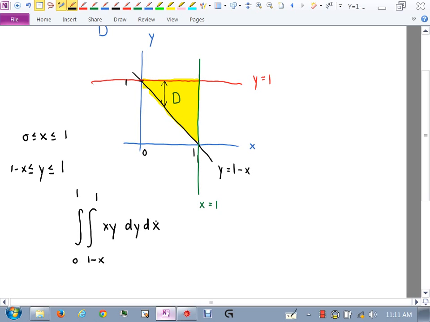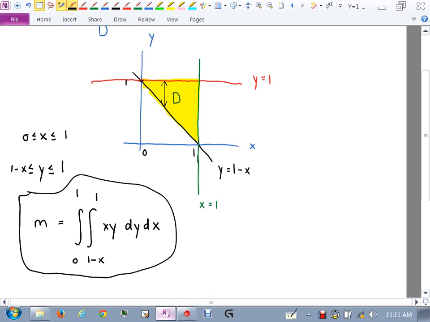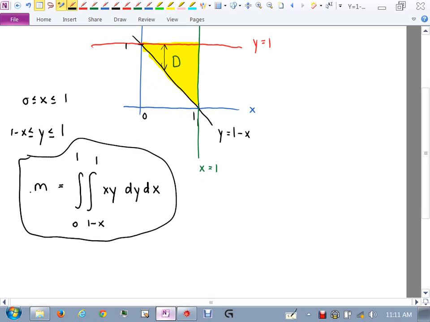And we're there. We compute this. That's our mass. I won't do it, but yes. So it's pretty basic setup, nothing special here, right? Questions?